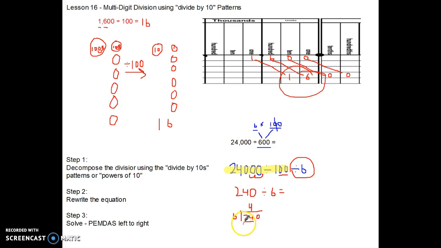And then 4 times 6 is 24. So I subtract that 24, which is 0. And I bring this 0 down, which is also 0. And then I would ask myself, how many times does 6 go into 0, which is 0. So here is my answer. 24,000 divided by 600 equals 40.